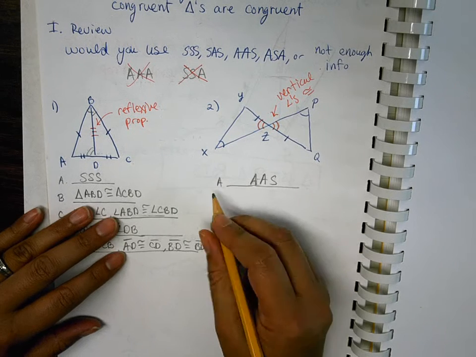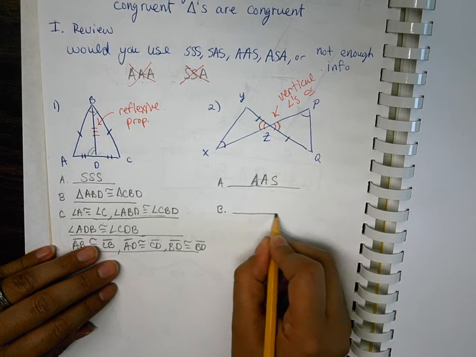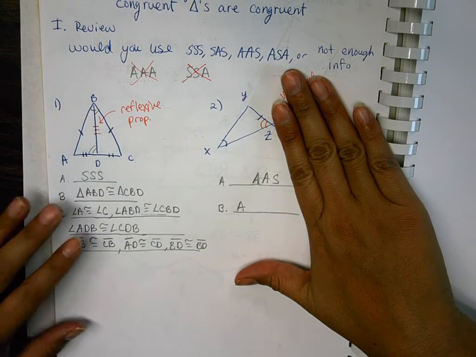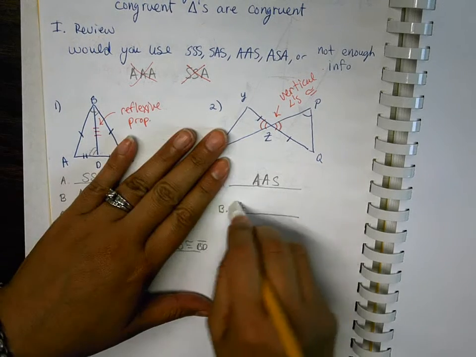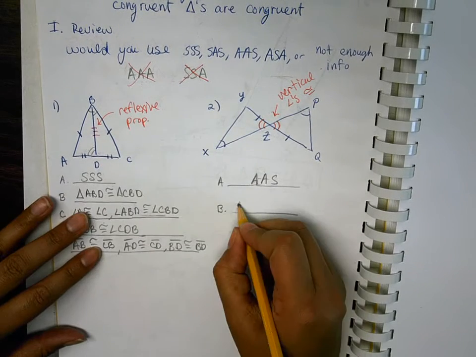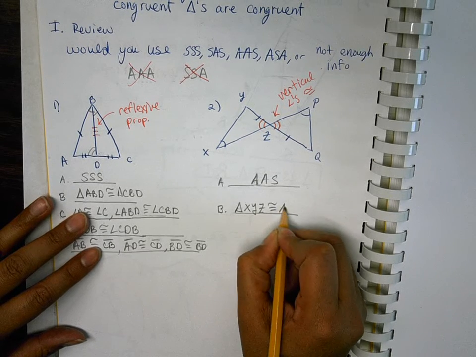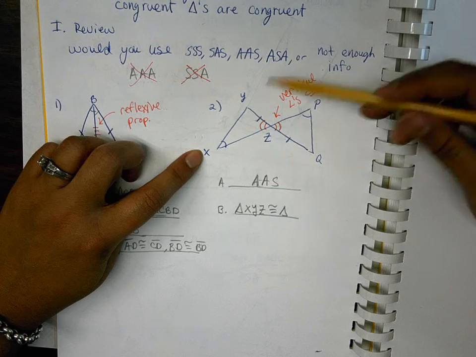Part B. We're only doing A and B. All right, pick how you want to label your first triangle. Should we just do X, Y, Z? Yeah. Triangle XYZ is congruent to triangle. X started here. What angle is corresponding with X in this triangle?